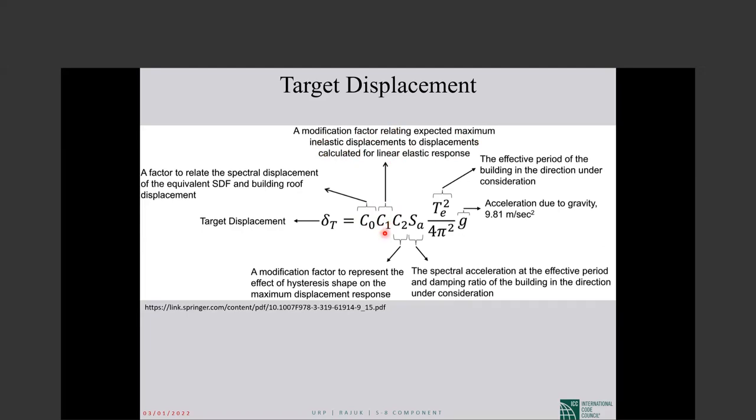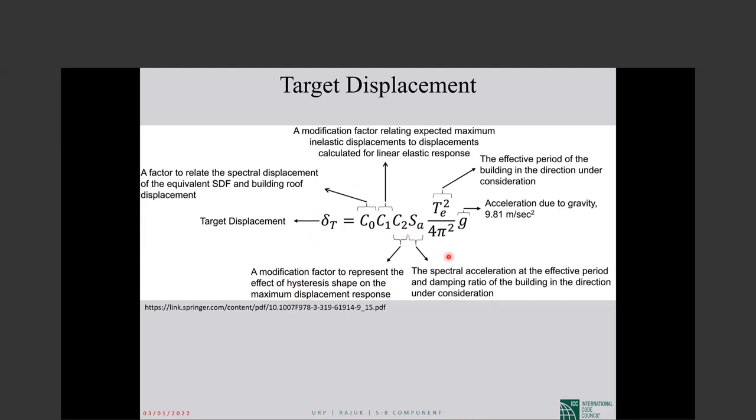And C2 is a modification factor to represent the effect of hysteresis shape on the maximum displacement response, which covers all the deficiency of the existing building compared to the new building, and will be included in the calculation of the target displacement, mainly C2.